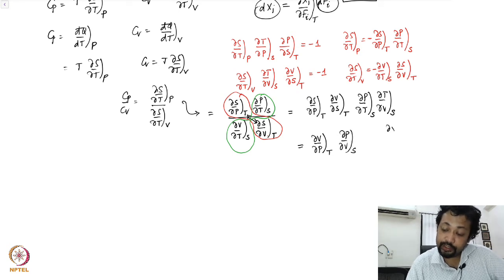Remember, what we are using now is the reciprocal relation: (∂X/∂Y) at constant Z times (∂Y/∂X) at constant Z is equal to 1.